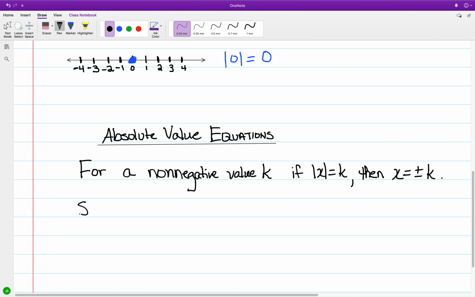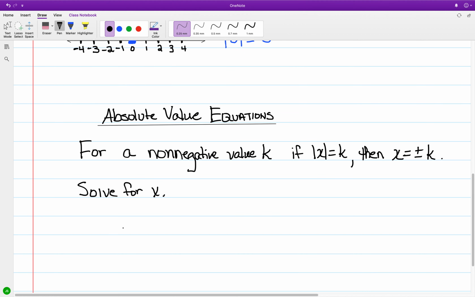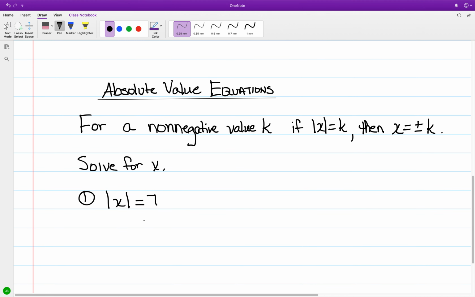For example, if the absolute value of x is equal to 7, once we take out the absolute value bars, we have x equal to positive or negative 7.